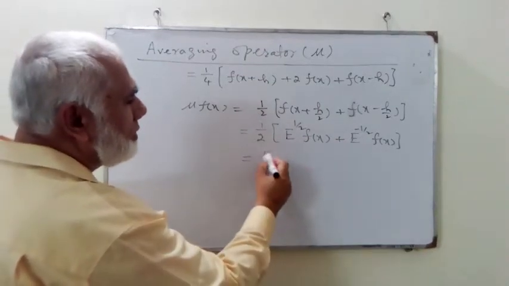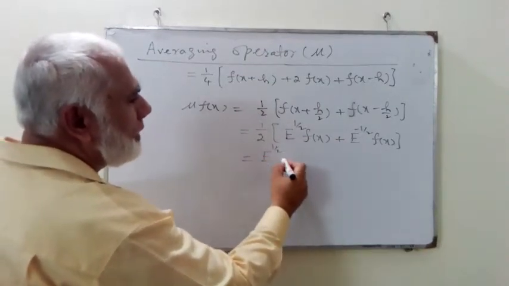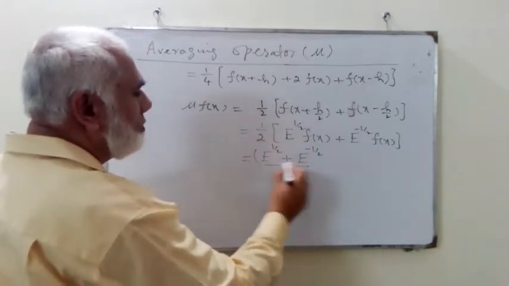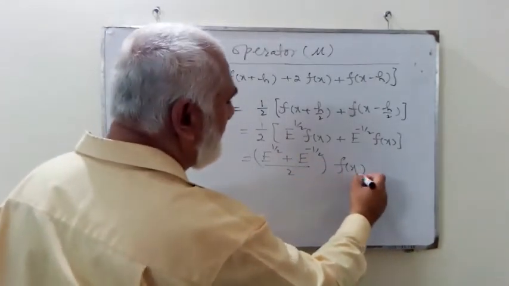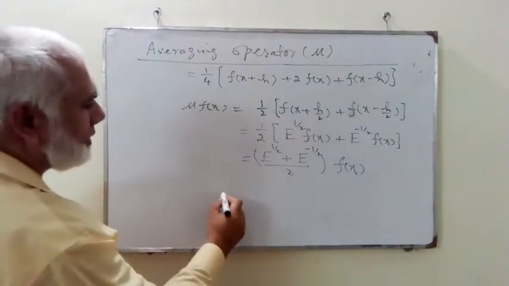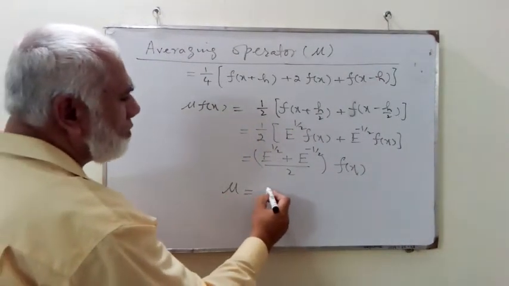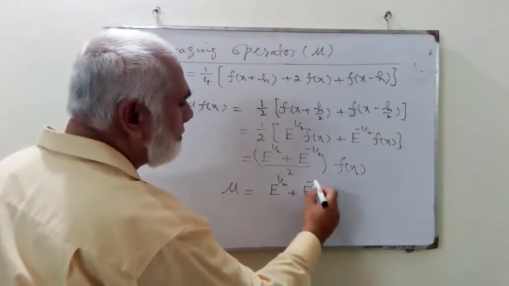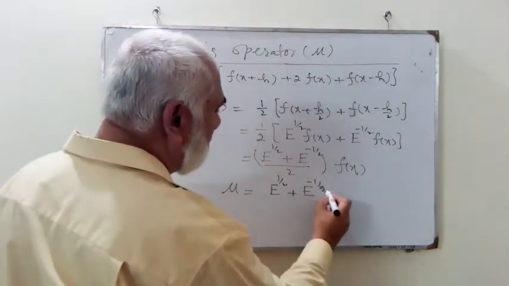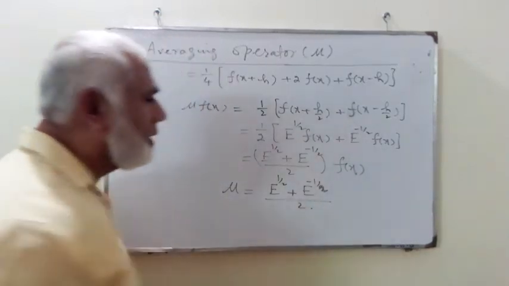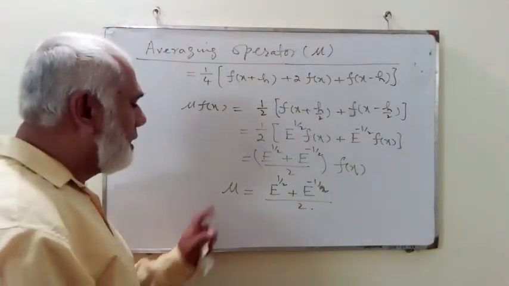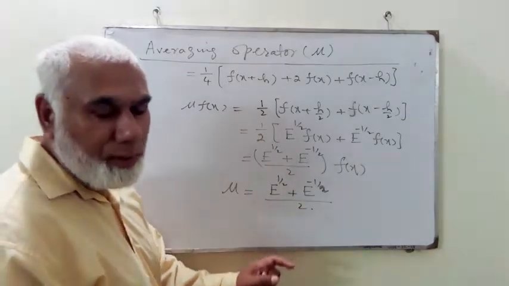As usual, f of x can be taken out. Inside this gives you E to the 1 by 2 plus E to the minus 1 by 2 over 2, and f of x is there. Dropping f of x on both sides gives you mu is equal to E to the 1 by 2 plus E to the minus 1 by 2, whole divided by 2. So this is the ultimate relation between the average operator and the shift operator.